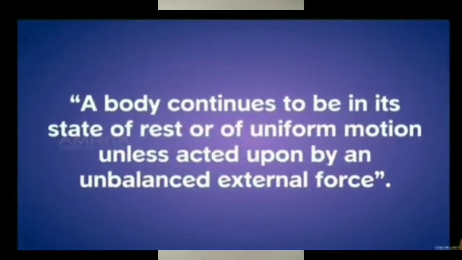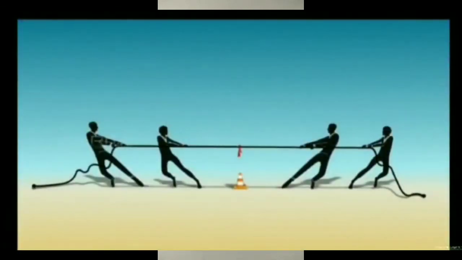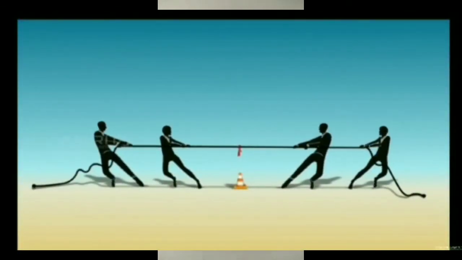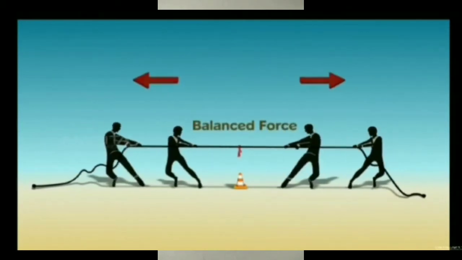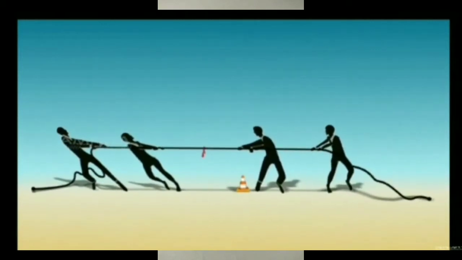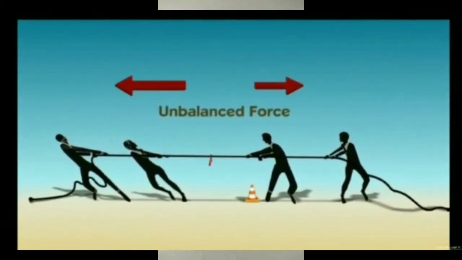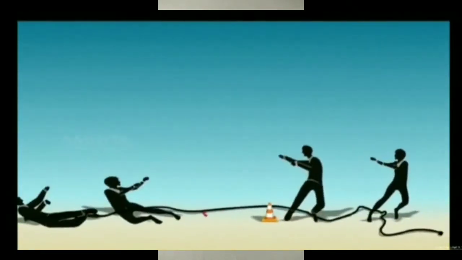So when an external force is applied, you can change the property of inertia of objects. So Newton's first law states that to change the property of inertia of bodies, we need to apply an external force. So Newton's first law gave, for the first time, the definition of force.